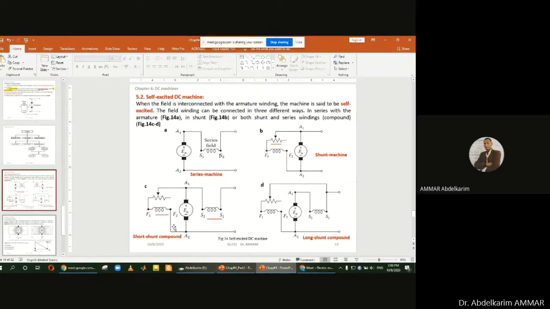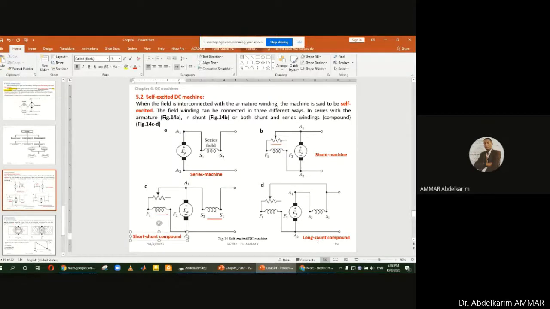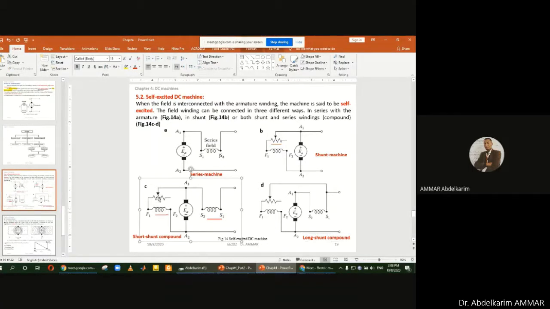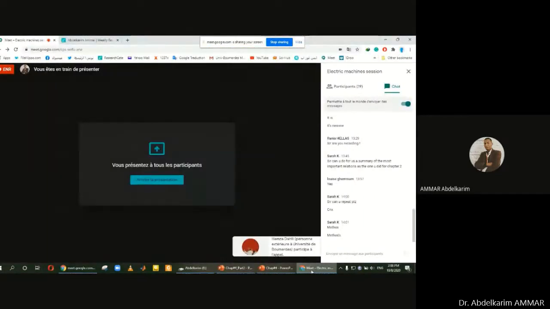But in the compound, we have two types, a short shunt and a long shunt. It depends on the position of the shunt winding, whether it is connected before or after the armature. I hope those methods are clear, or should I repeat again?